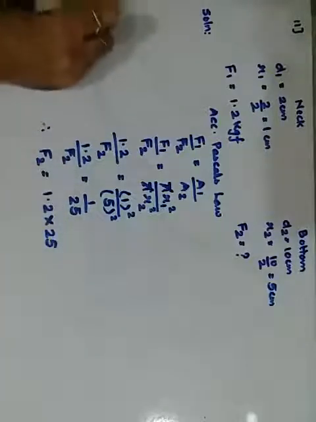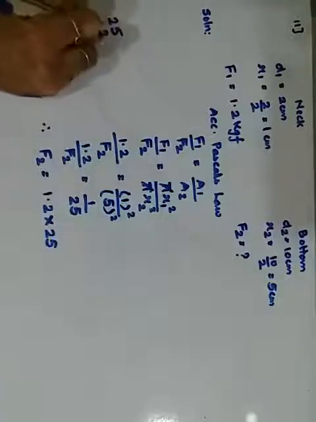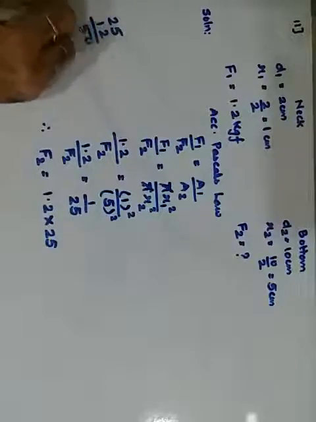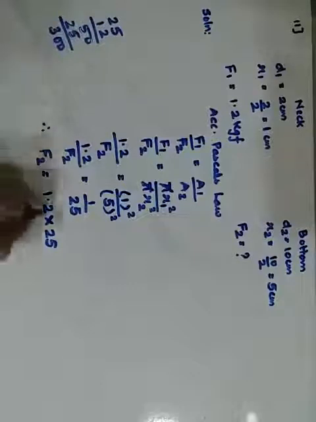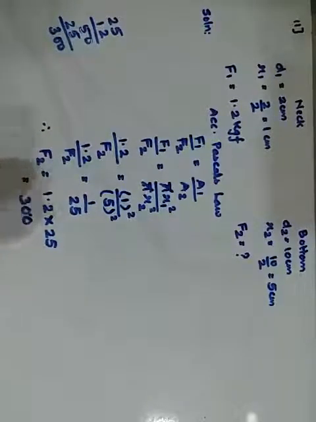How much does it come out to be? 25 into 12 is 300, but the decimal point is after one place, so the 0 will get removed and F2 will become only 30 Newton. So this is the force applied at the bottom of the bottle.